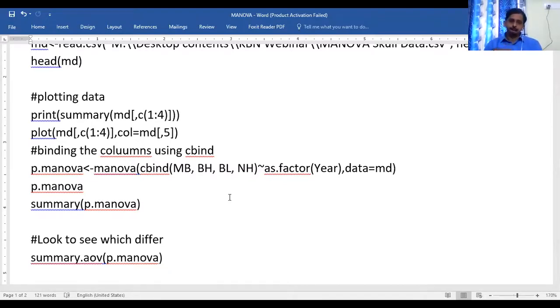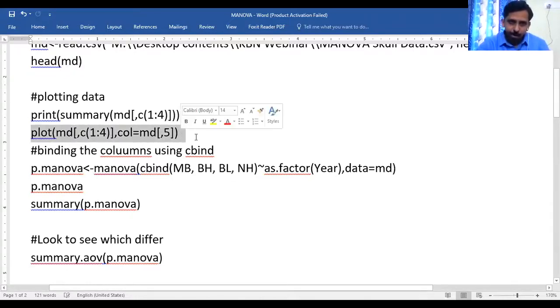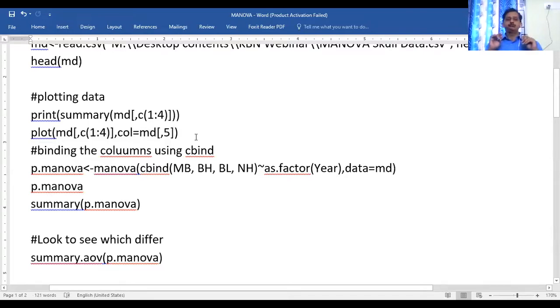Okay, fine. Similarly, we are first trying to visualize the data and print the summary across the years. These are the two lines: a simple scatter plot. This plot will give us a matrix scatter plot across breadth, height, length, and nasal height with respect to 5 years of time.